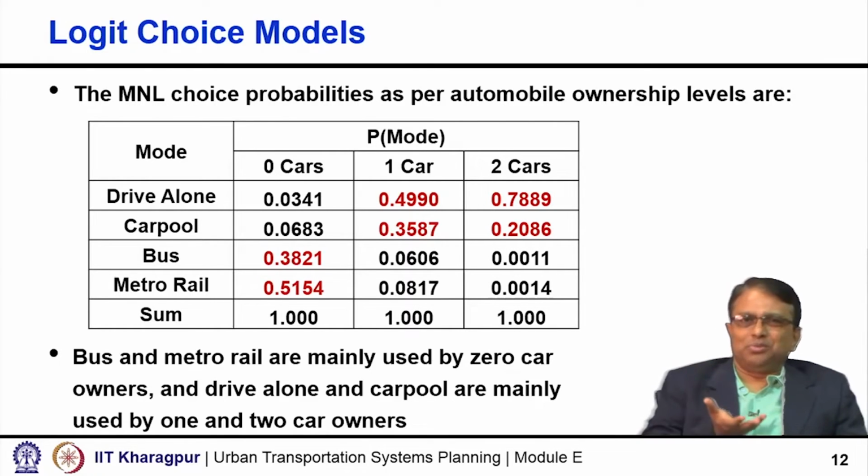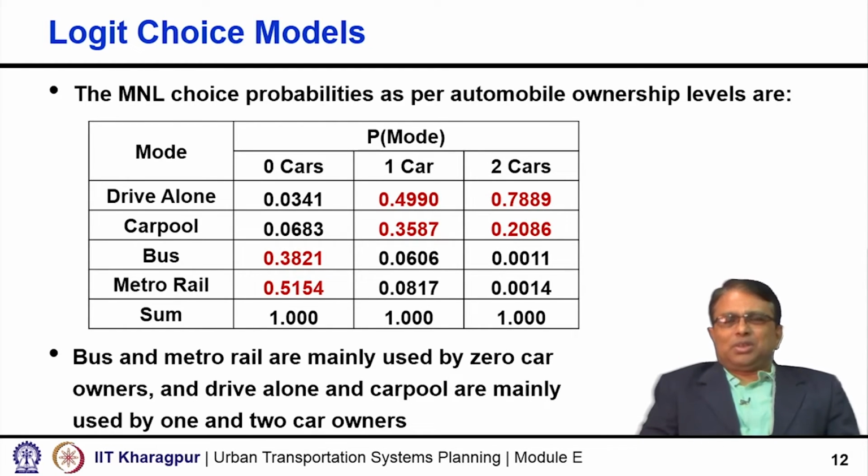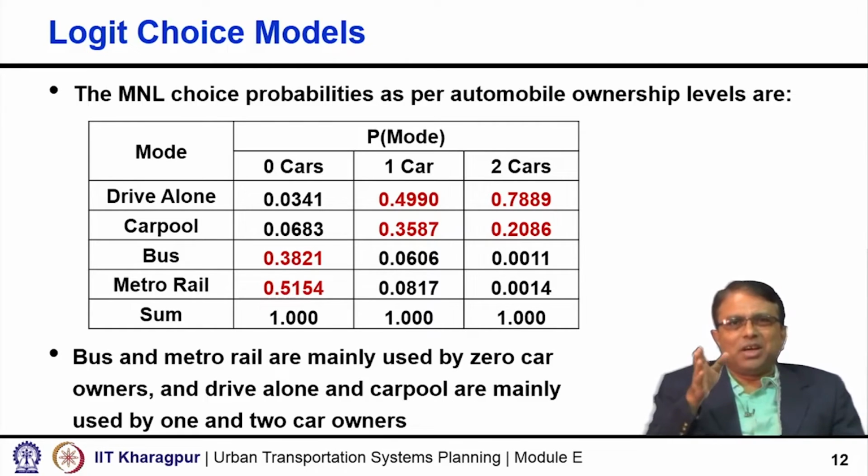Earlier, we were not knowing the automobile ownership. So, generally the result appeared to be fine, but when you now consider the car ownership across these 3 verticals, 0 car, 1 car, 2 car, the results look much better.